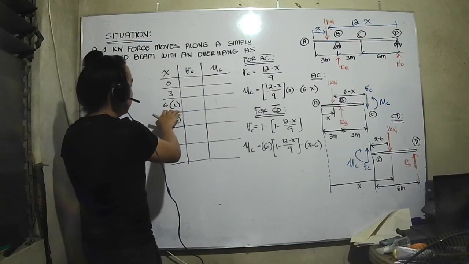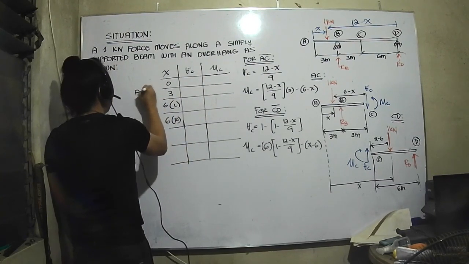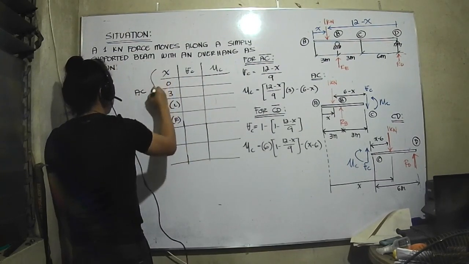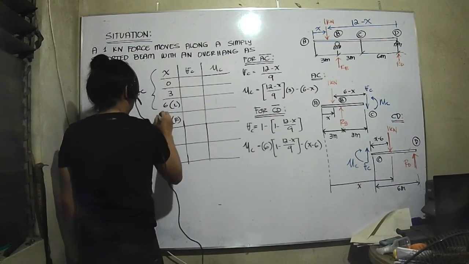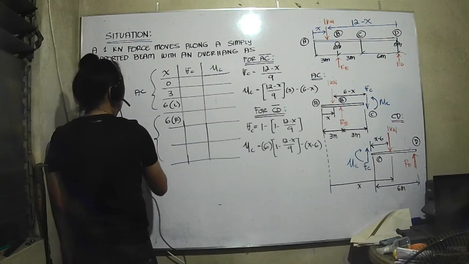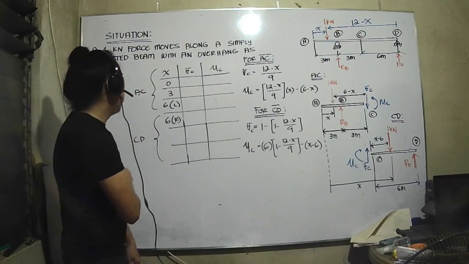When you say L, this belongs to AC. Everything here is about AC. The area here should belong to CD. So please bear with me.